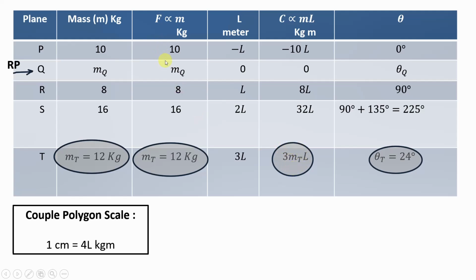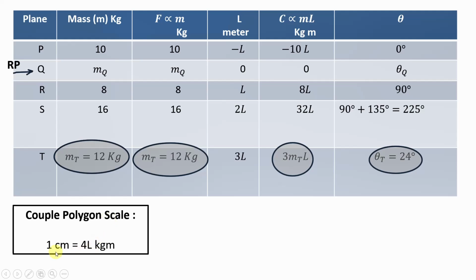Whereas in case of the force column, we are having MQ and MT as two unknowns. So we have to draw first the diagram which is having lesser amount of unknowns. So this is having fewer unknowns, only 3MTL is there. So we'll start with the couple polygon.